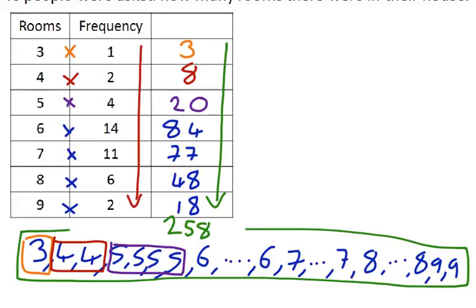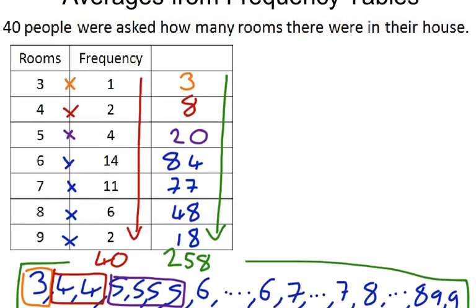So adding up the frequency column, we get 40. In this case, we also knew that that was 40 from the question, because we were told that 40 people were asked the question.